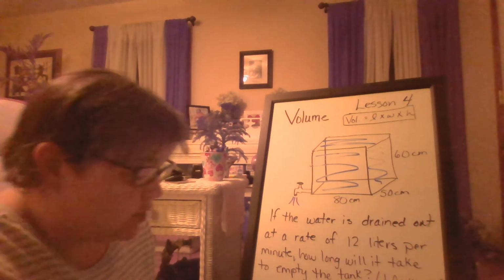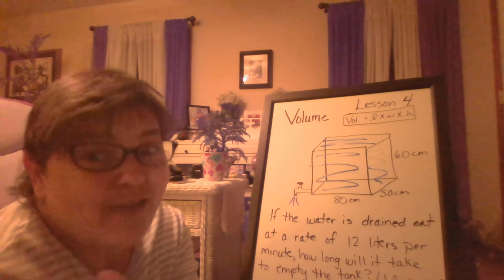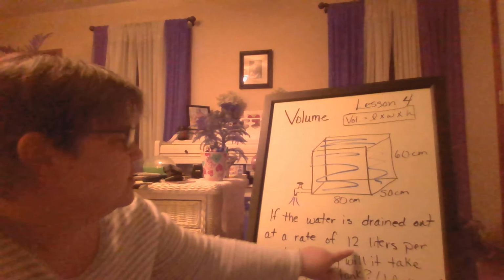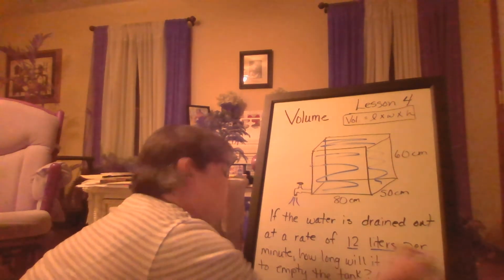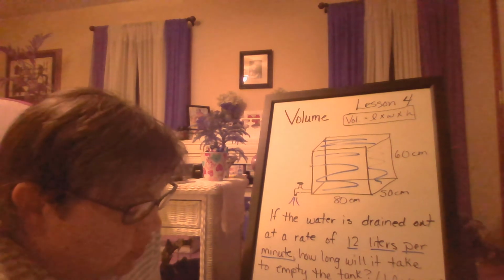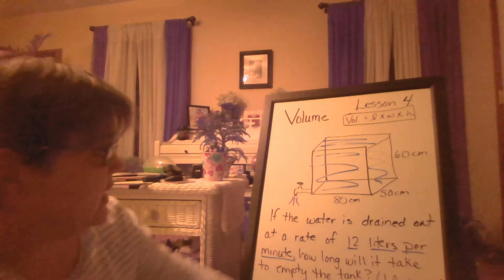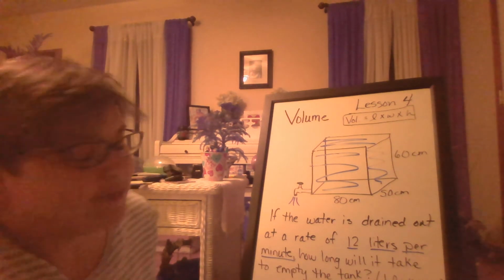It's filled with water to its brim. If the water is drained out at a rate of 12 liters per minute, then how long will it take to empty the tank? And they give you this little hint, 1 liter equals 1,000 cubic centimeters.